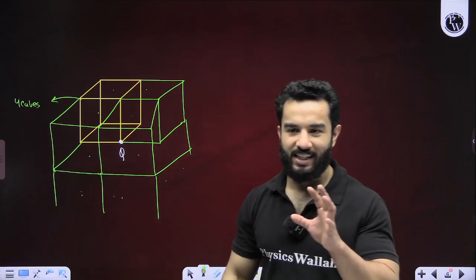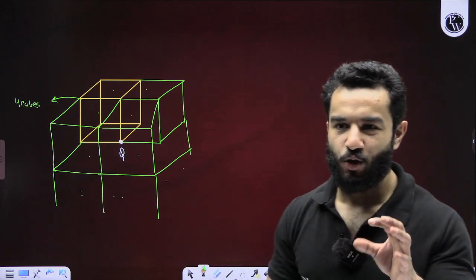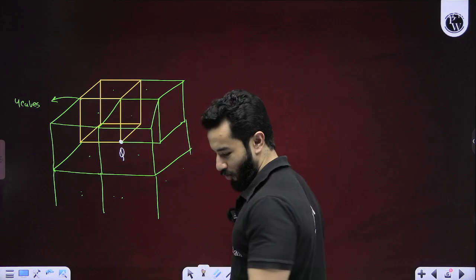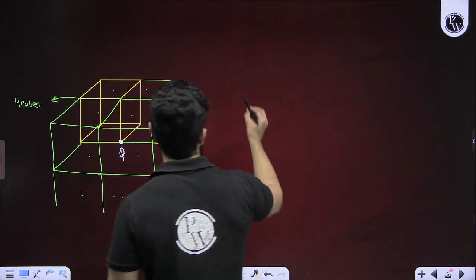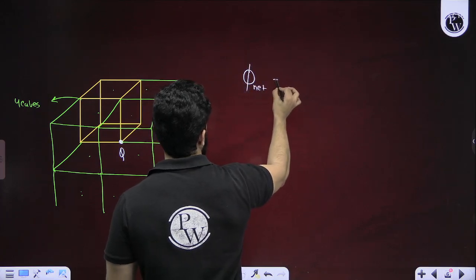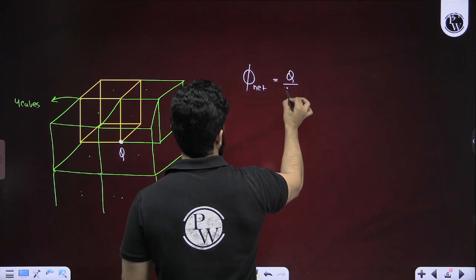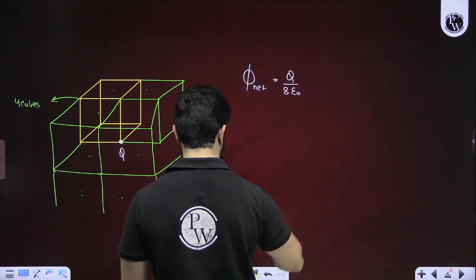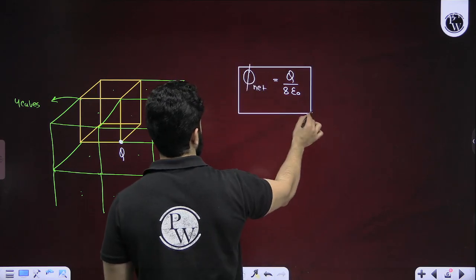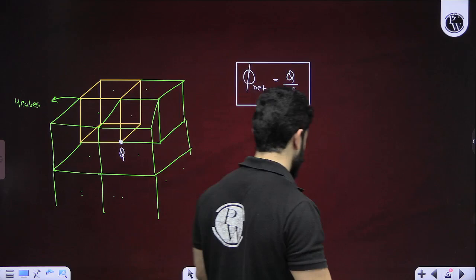So we'll require 8 such cubes to completely cover this capital Q. Hopefully this is all good. That means the net flux in this case will be Q upon 8 epsilon naught. Hopefully this is clear to you.